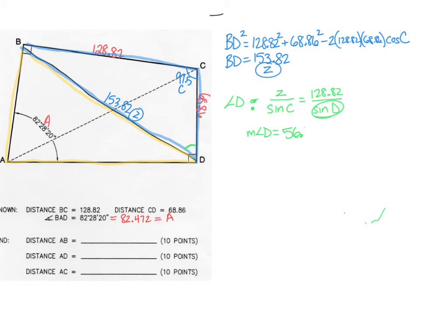All right, so I got a 56.13. I'm going to go ahead and store it as D. So this measurement right here, I now have as D. I can find this other one up here by subtracting those from 180. So this is angle B. I'll show the work. You wouldn't have to, by any means, show the work. So it's a 180 minus the angle I just found and minus the angle C that I already knew.